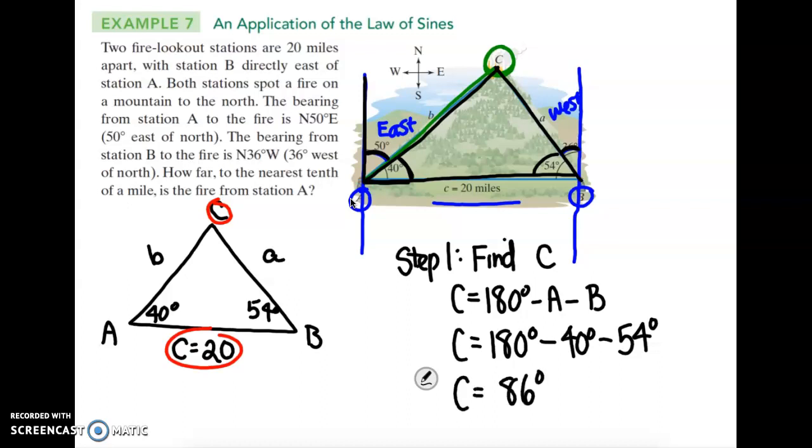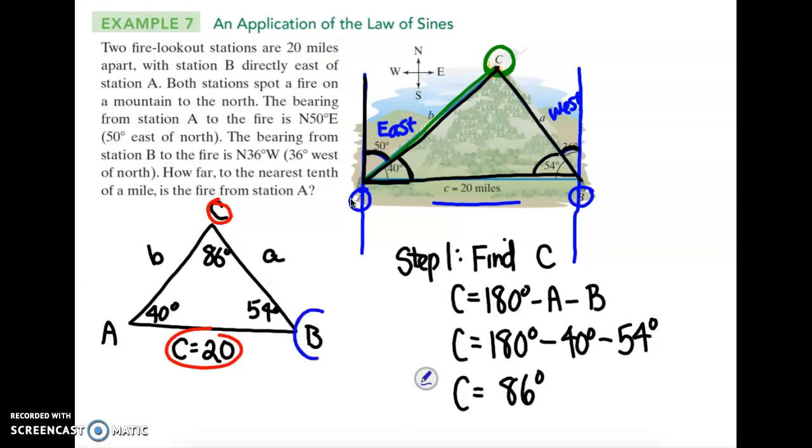So my suggestion is you would go back to this picture and label that as 86 degrees. Now we have a pair. We have that red angle C and the red side C. Now we can find side B.